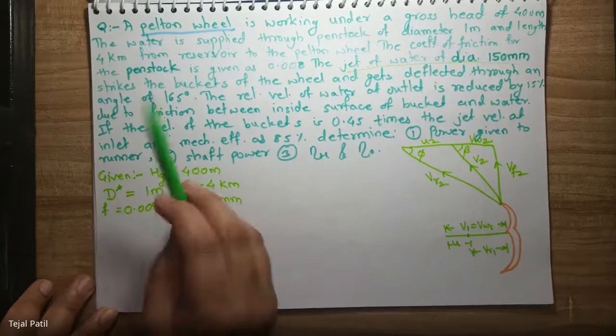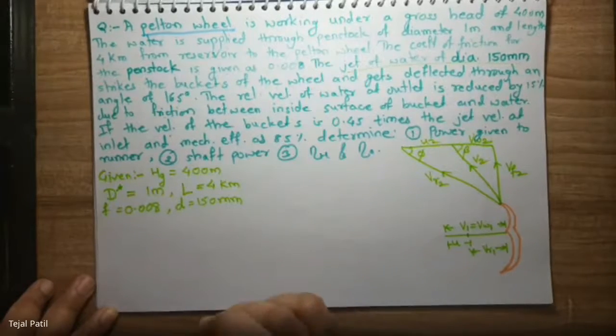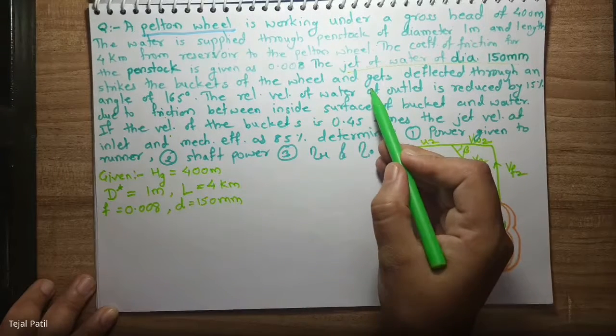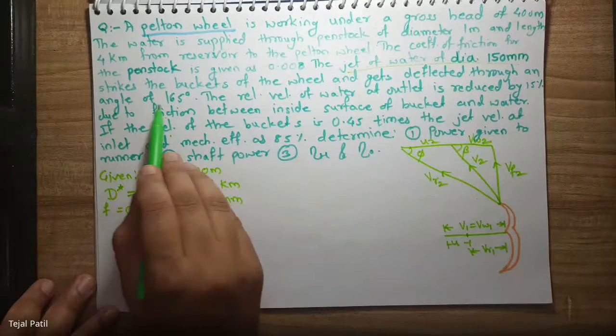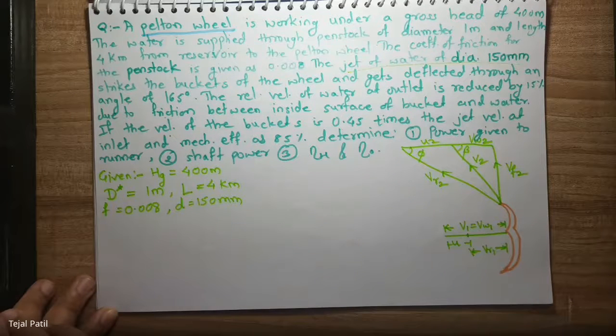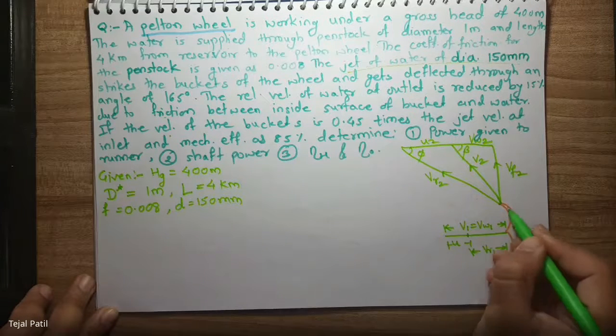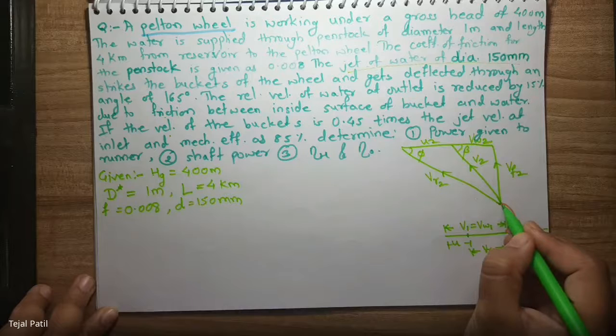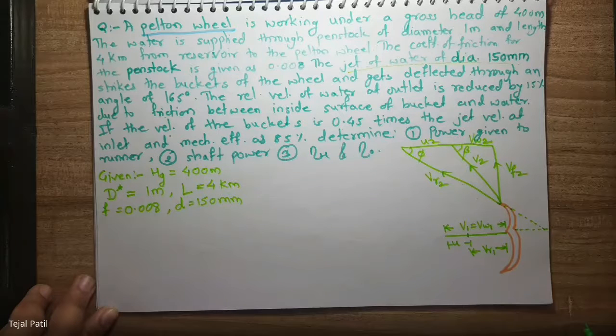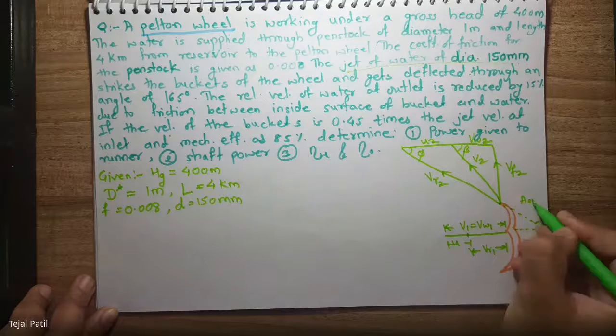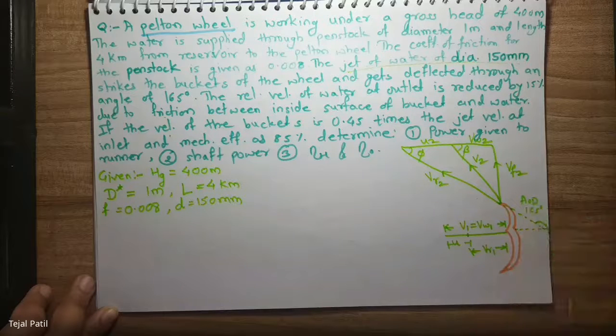It is going to strike on the bucket of the wheel and gets deflected through an angle of 165. So let's say this is your bucket, right? If you extend this further, this angle is given to you, that is AOD, that is 165 degree.